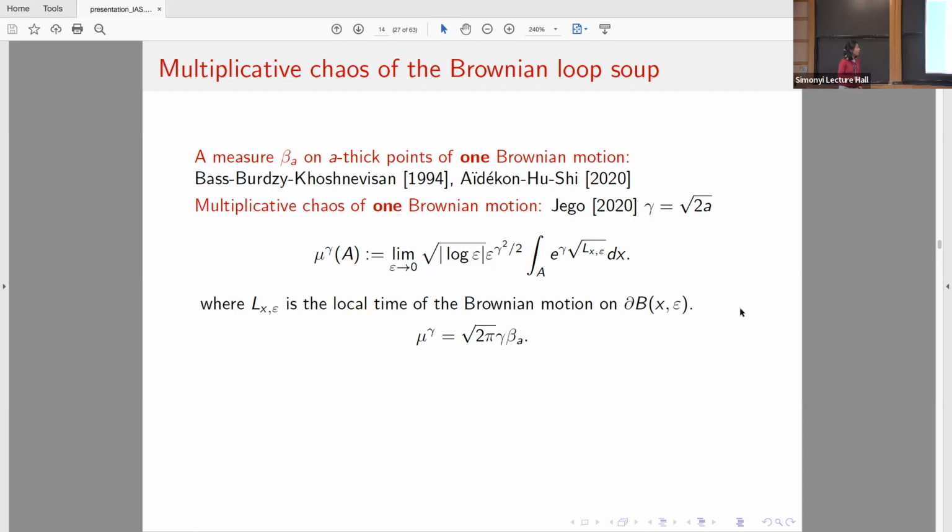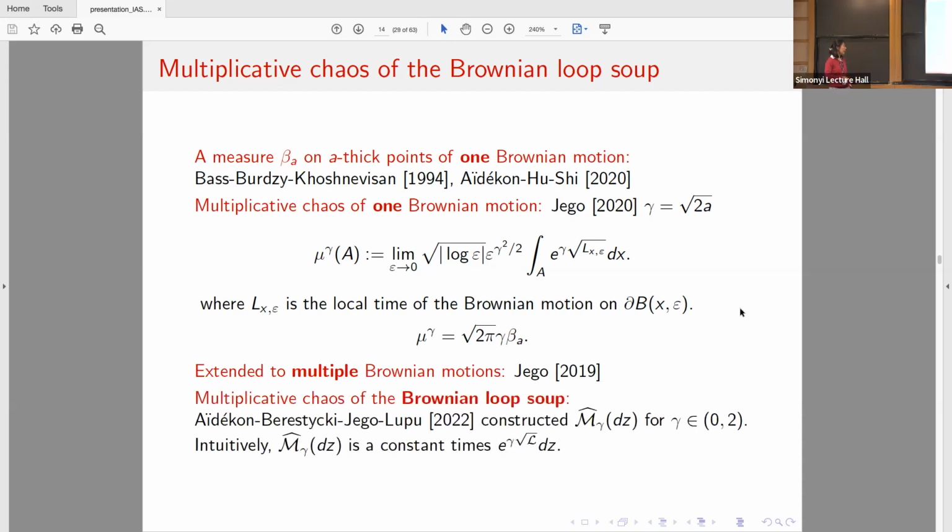And Jego in 2020 constructed the multiplicative chaos measure for one Brownian motion, which is like taking the exponential of γ times the square root of the local time of that Brownian motion. He showed that this multiplicative chaos measure is in fact equal to a constant multiple of this measure on thick points. And then Jego also extended this measure to multiple Brownian motions.